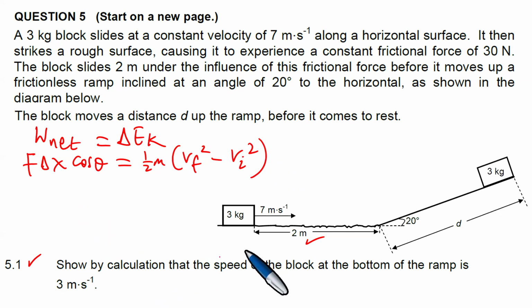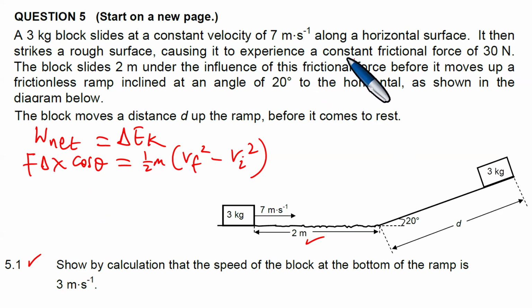All right, now look at this, my friends. We need to have the correct interpretation of this. What is the net force here? You need to show by calculation that the speed of the block at the bottom of the ramp is this, just at the bottom of the ramp. So what force is the net force?